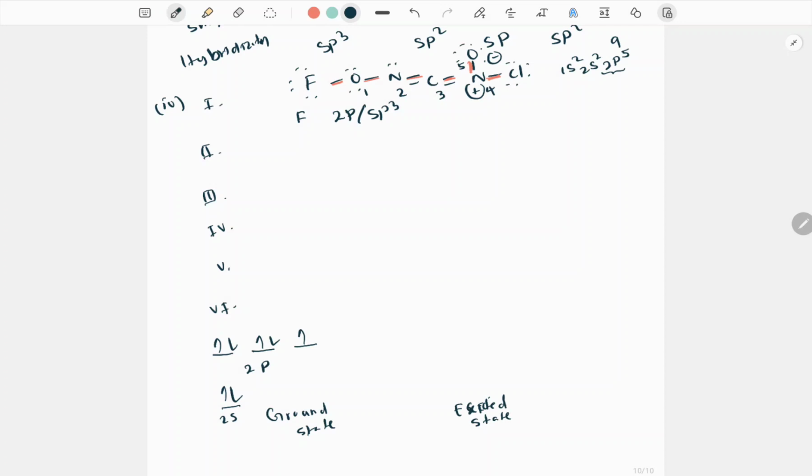How this is arranged will be, you will have 4 sp3 hybridized orbitals. These are the 4 sp3 hybridized orbitals. Right?